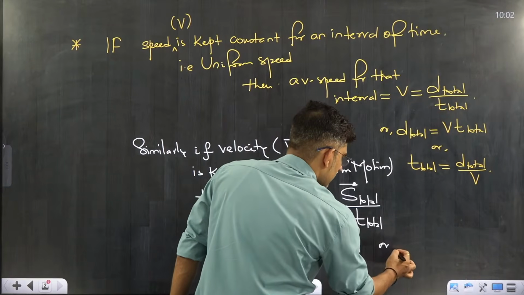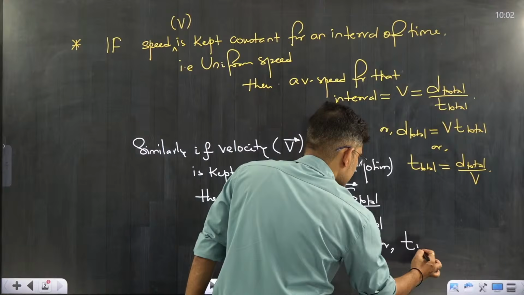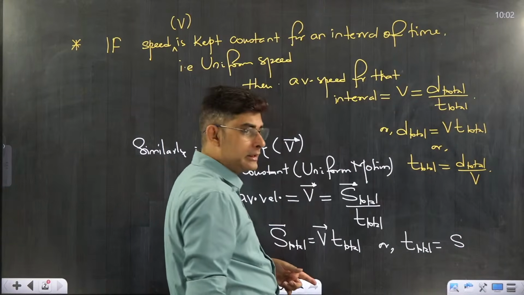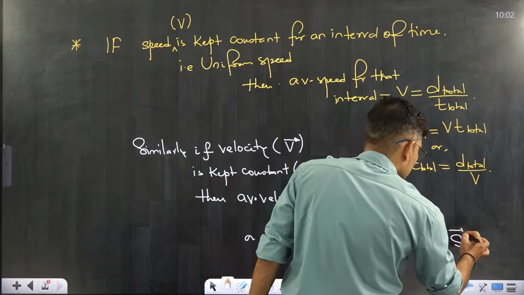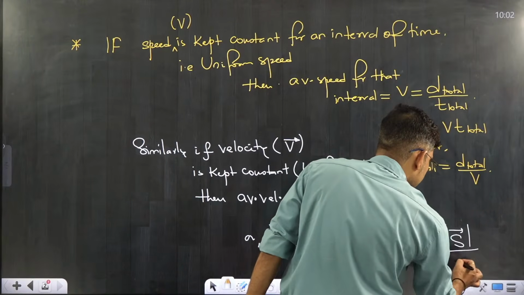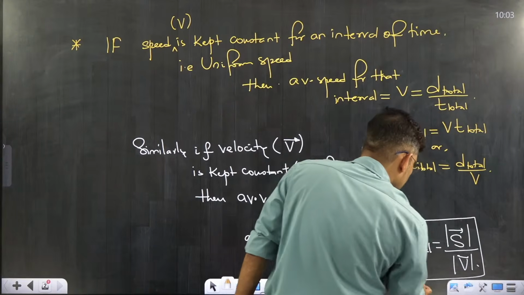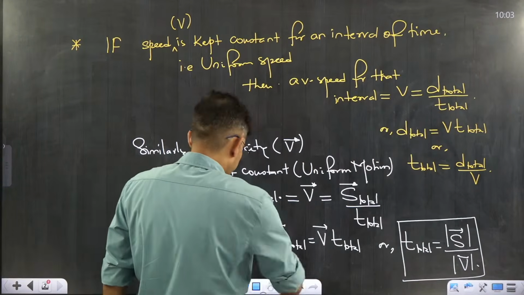If they ask for the total time, be smart. We cannot divide two vectors, but you can take their magnitudes and divide, because division of vectors is not allowed.